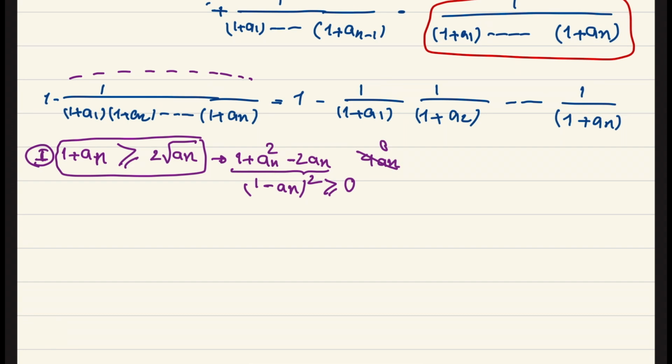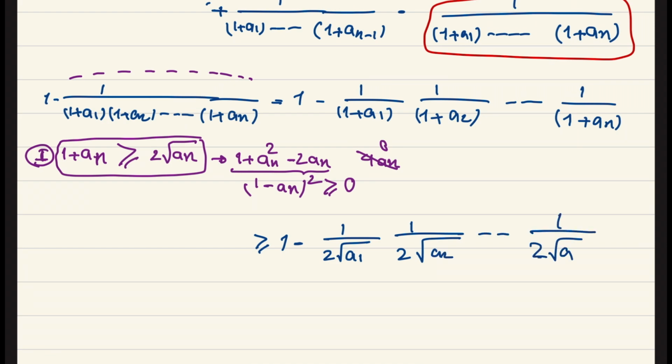and if I replace the terms using the hint that I have, this term that you see here will be greater than or equal to 1 minus 1 over 2 times square root of A1 times 2 square root of A2, and at the end 2 times square root of AN.